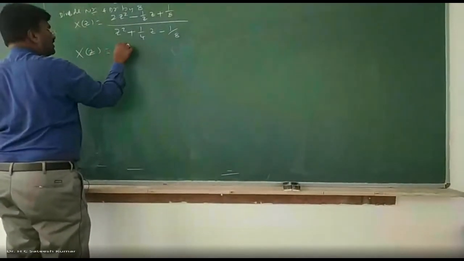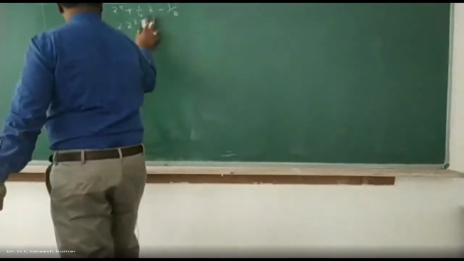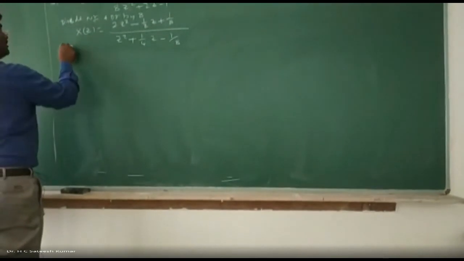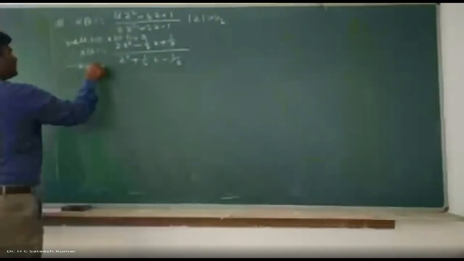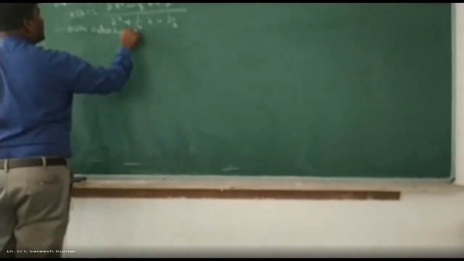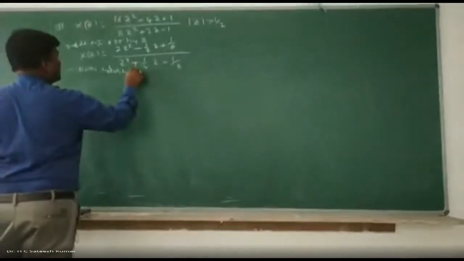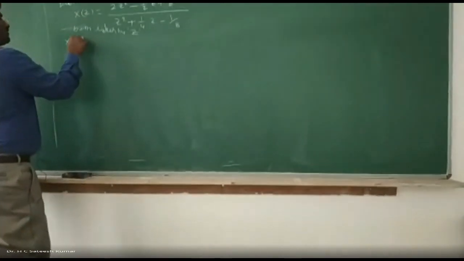Use the calculator. Okay, sorry. Before finding that, what you should do is divide both sides by z, because we want x of z by z.